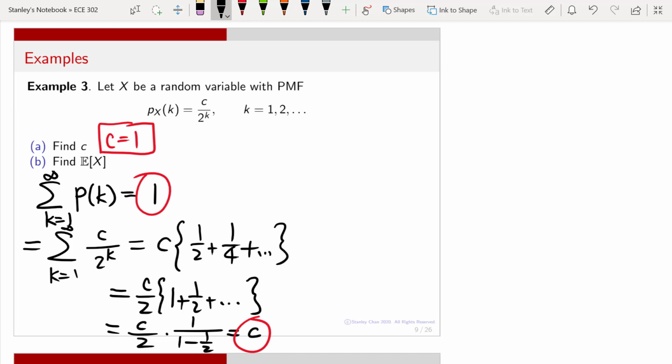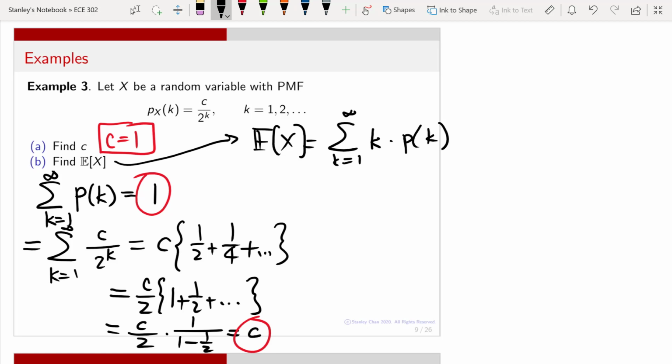Having found this constant c, we can also calculate the expectation. So the expectation is the summation, k going from 1 to infinity, of k times p of k. And what is this?